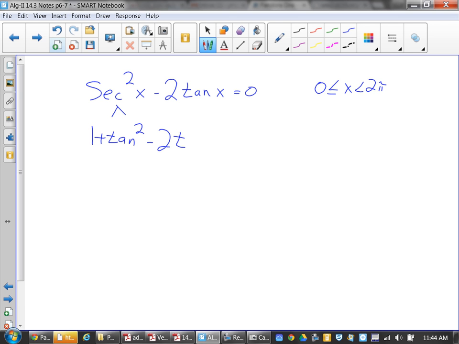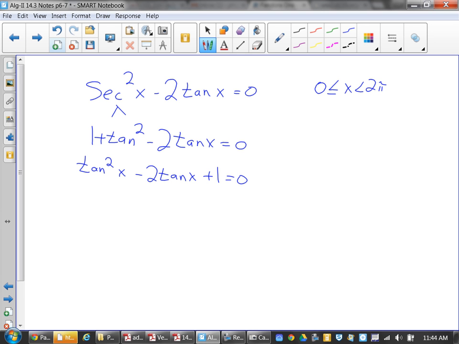So minus 2 tangent equals 0. Now I have tangent squared x minus 2 tangent of x plus 1 is 0. Do I need to rewrite this in terms of u, or would it be okay to try to factor it how it is?